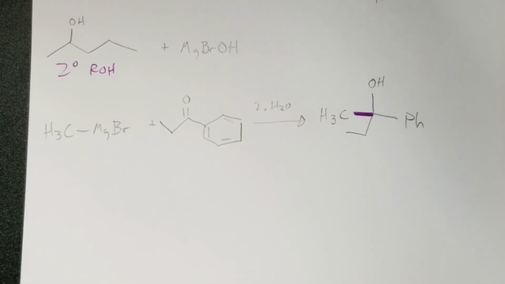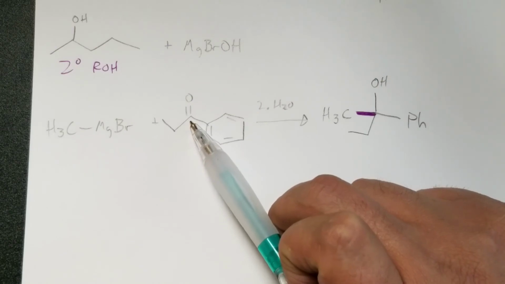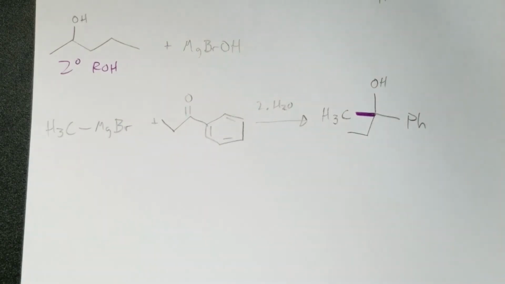So what is the hybridization on this carbonyl carbon? What happened before, when we had that carbocation during SN1? We had a flat molecule that the nucleophile can attack on either face. The exact same thing is happening here.